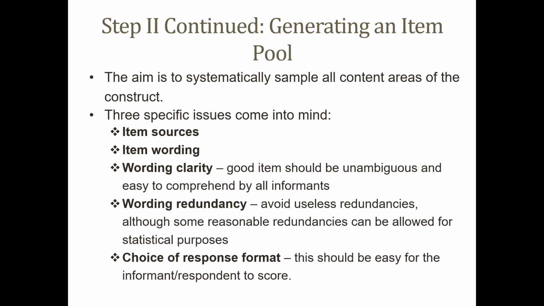So in constructing item pools for your construct, you need to make sure that you are only looking at articles that were published in reputable journals, which suggests those articles went through peer review, so that there is confidence in the academic environment about the quality and authenticity of those studies.